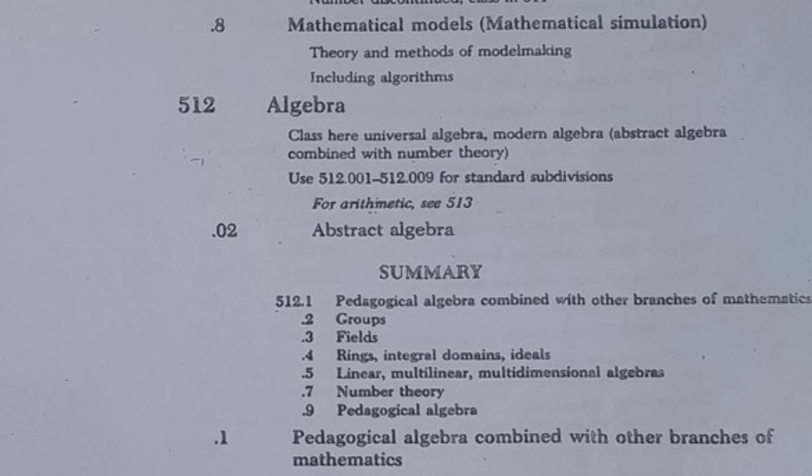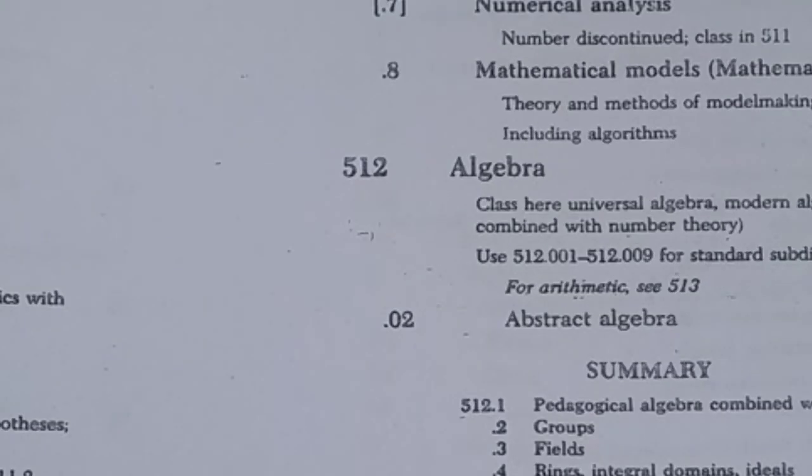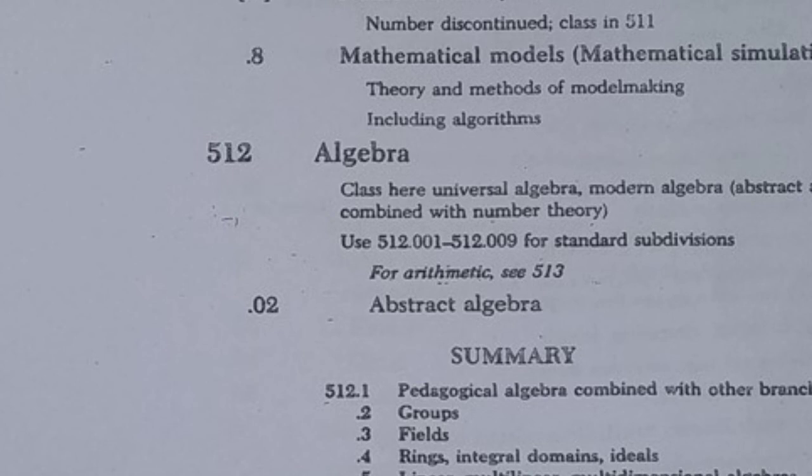We know the notation of standard subdivision starts with a single 0, but whenever we use it after algebra, we will use an extra 0, because there is the instruction. Okay. So we know the notation of dictionary. In our example, it is dictionary of algebraic terms.